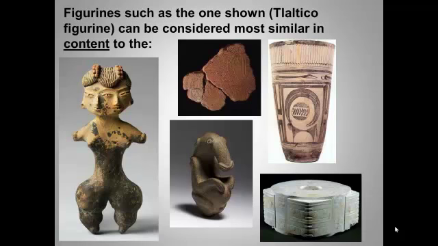The College Board says that the answer is the Jade Kong has a subject that is most similar to that of the Tlaltico figurine. Well, it's true that both the Jade Kong and the Tlaltico figurine seem to have a kind of monster face, and both works may suggest a duality, again, such as the duality between earth and heaven. But the lapida fragment has a stylized face too, and the emblem stone is also a figurine. So I find this a confusing question, but I just gave you the correct answer.